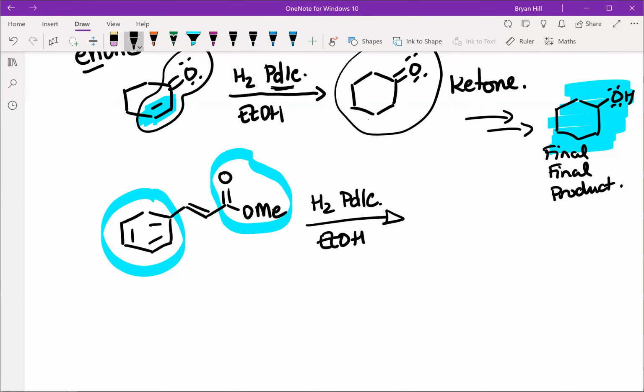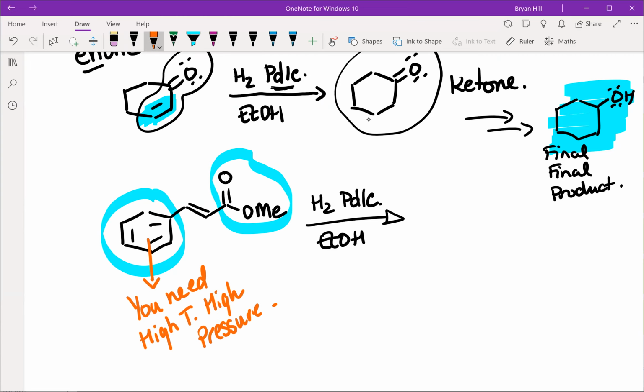So it turns out that if you want to reduce an aromatic ring, you need high temp and high pressure if you're using hydrogen. So this is basically immune, and an ester is even less reactive than a ketone. So you can selectively reduce this double bond and make your ester.